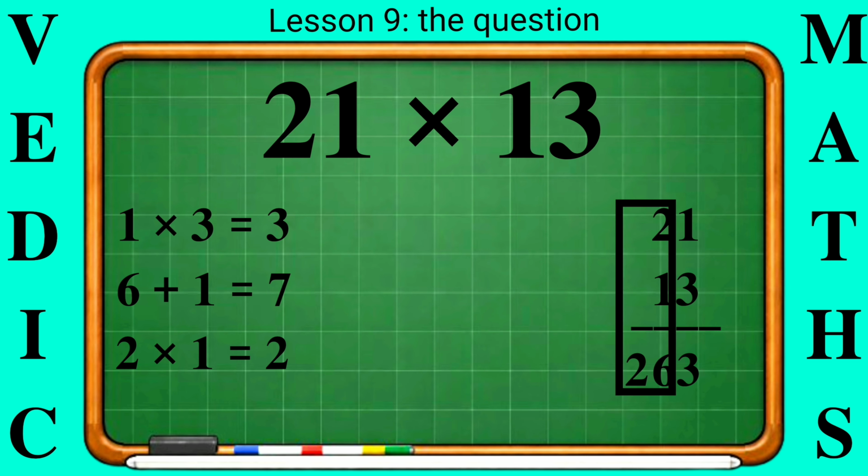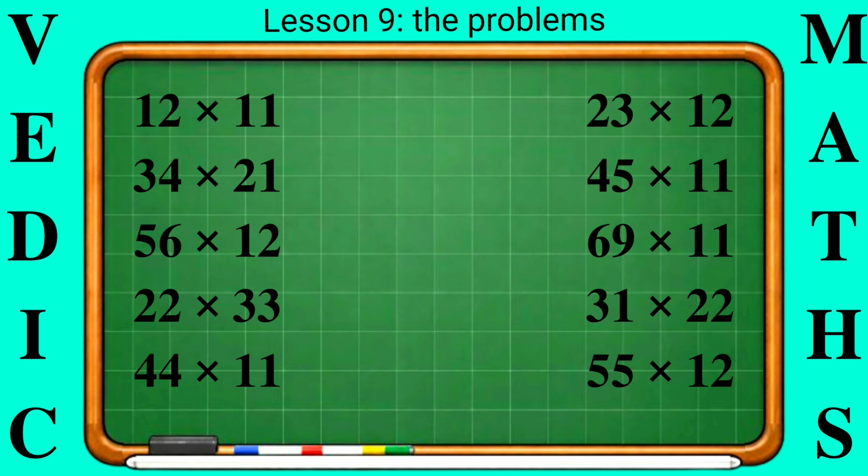So now we multiply the tens digits together. So now we put the answer side by side and then we get the answer 273. Done. So now you can try those problems later on.